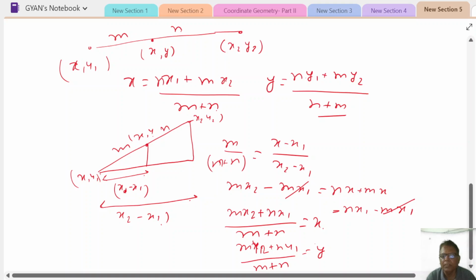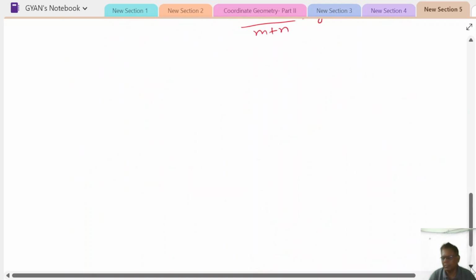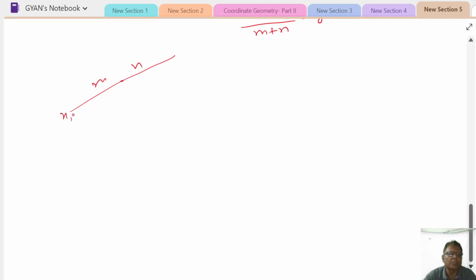This way you can find any point in between that divides the segment x1 y1 to x2 y2 in the ratio m is to n.